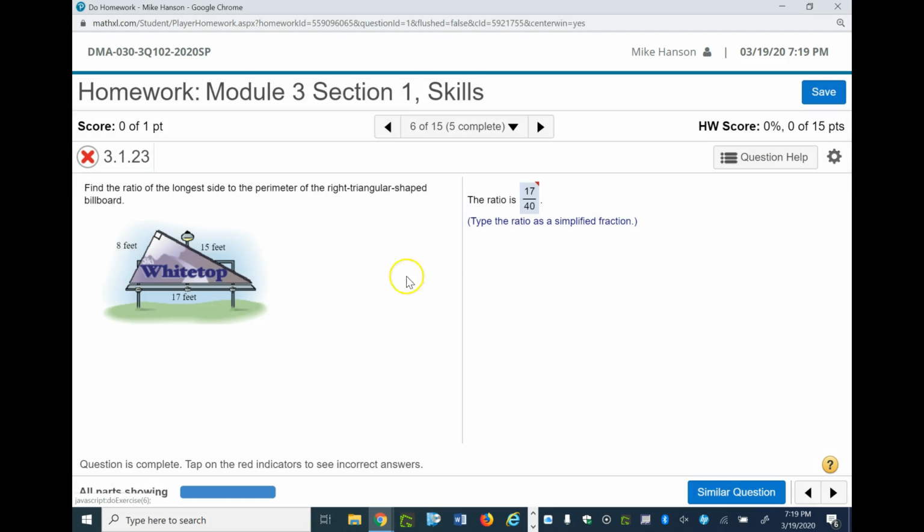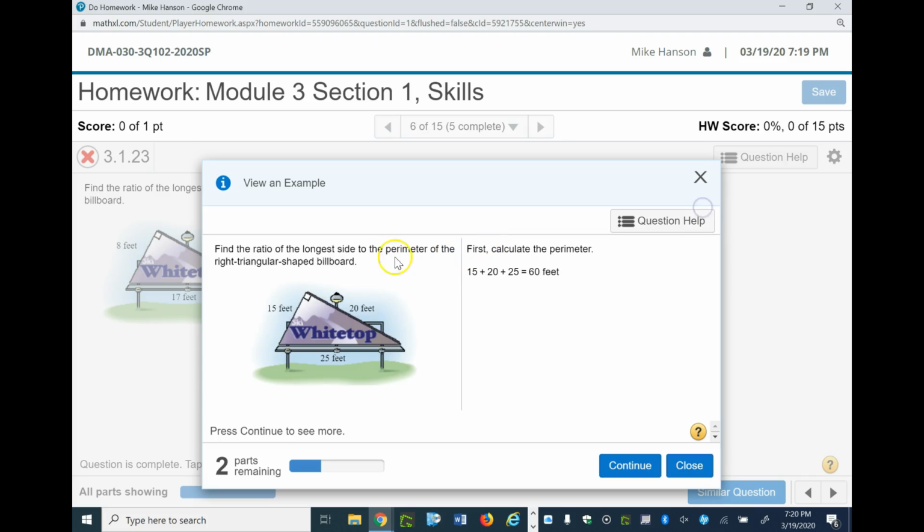Number 6, for this one, again, look for the word "to." That "to" is our key word that lets us know where the division part goes. So let's look at a viewing example. Find the ratio of the longest side. If you look at these 3 numbers, which one is the longest side? For a right triangle, it's always opposite the right angle, which is called the hypotenuse. 25 will be our longest side, so that goes on top.